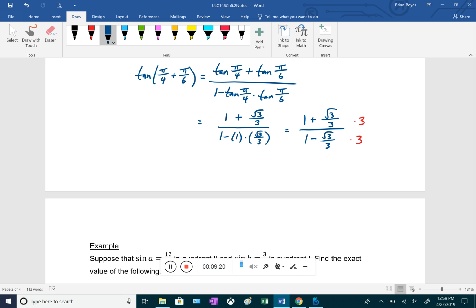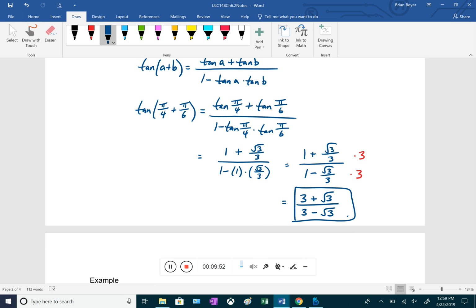So we get 1 times 3 is 3. Radical 3 over 3 times 3, the 3's cancel, so that's radical 3 for just that term. So the whole numerator becomes 3 plus radical 3. Same thing in the denominator, 1 times 3 is 3, minus radical 3 over 3 times 3, the 3's cancel, so we get 3 minus radical 3 in the denominator, and that's the simplified version of this.